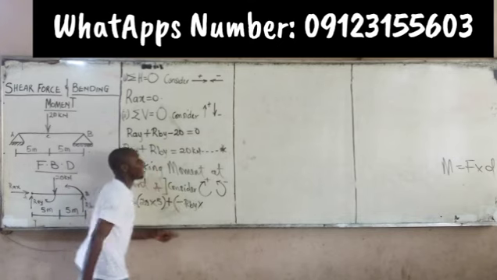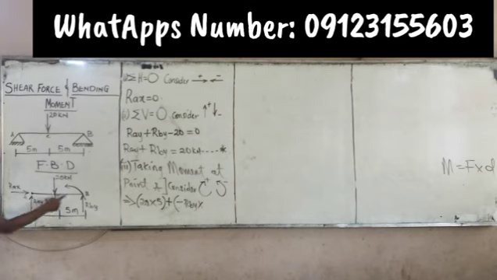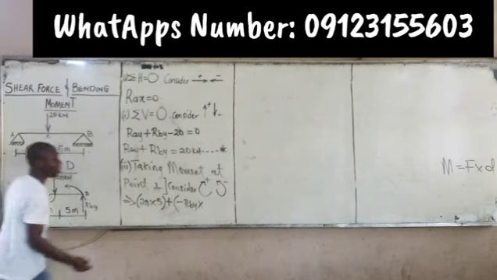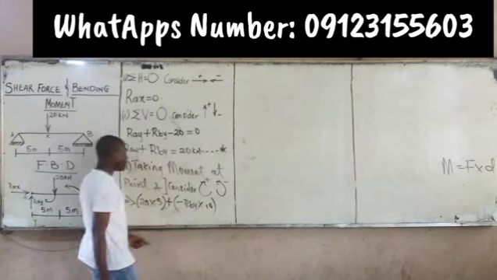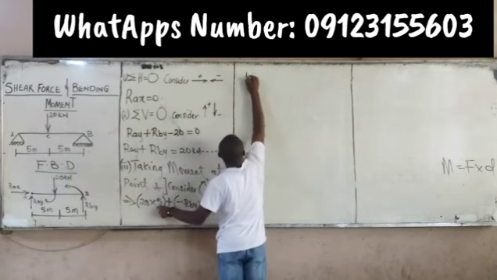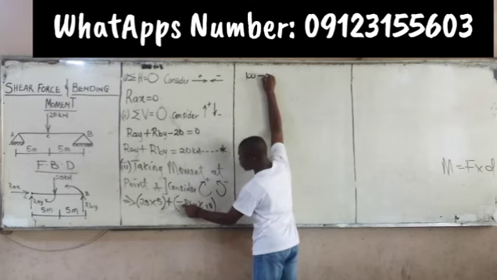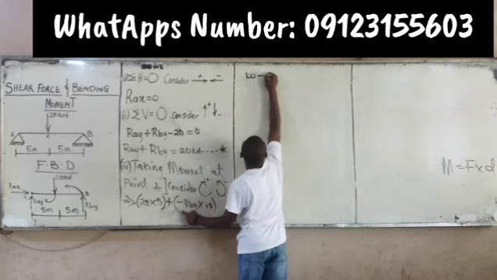From here to here, since all forces are moving towards A, which is 10. So I have 20 times 5, which is 100. Then minus times plus is minus 10 RB. Minus 10 RB is equal to 0.